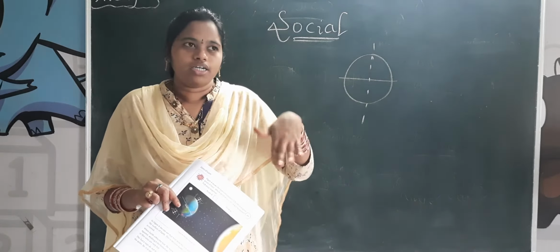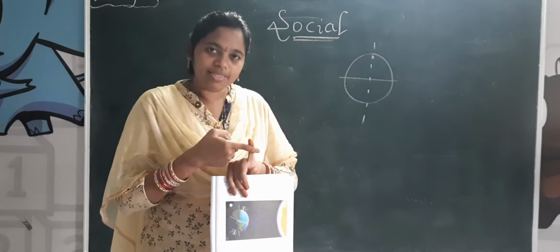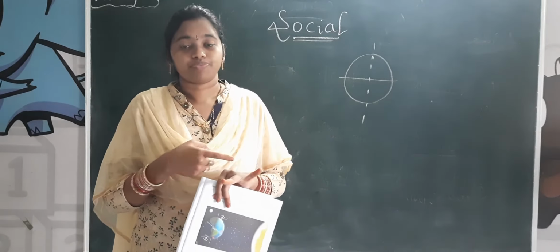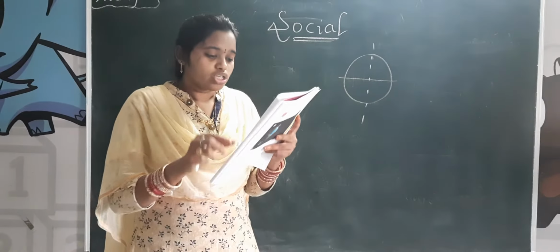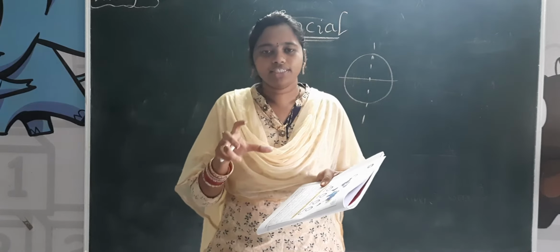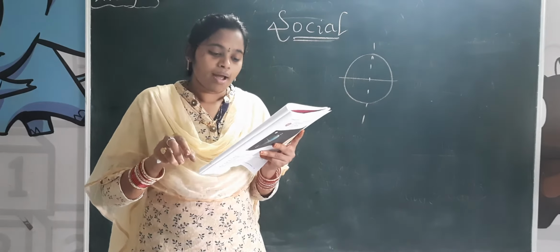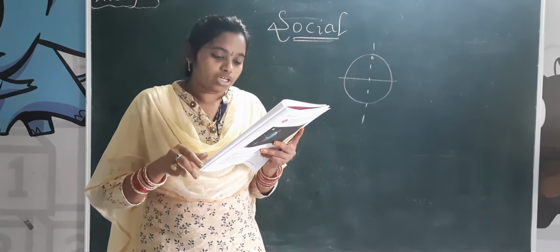South America and North America get it last. So sunrise time is different and sunset time is different. At one time, New York has 7 o'clock, London has 2 o'clock, Moscow has 1 o'clock, Tokyo 5, like that.